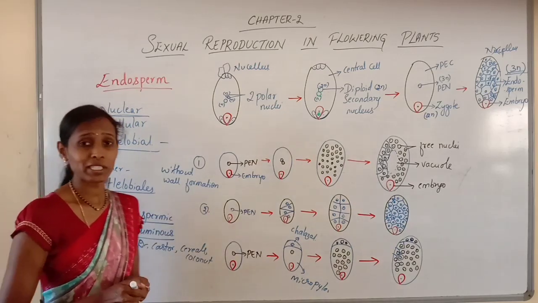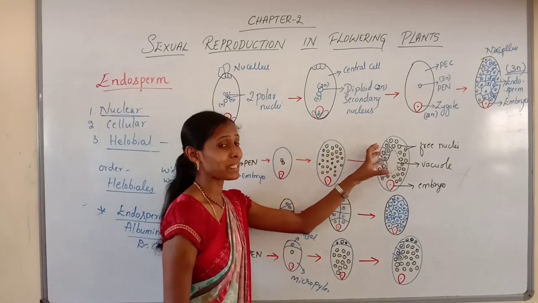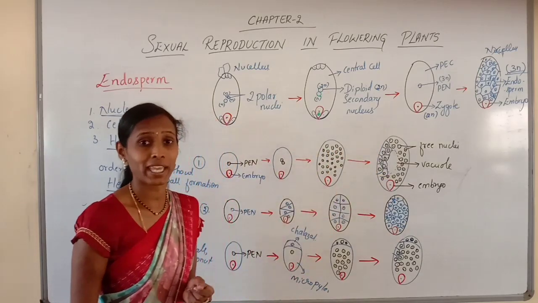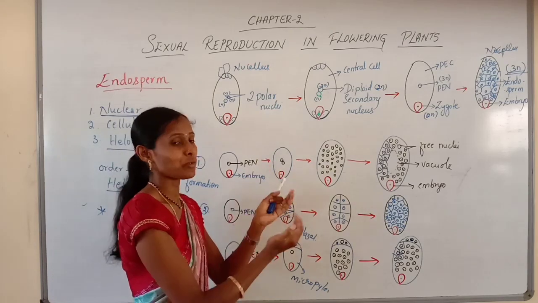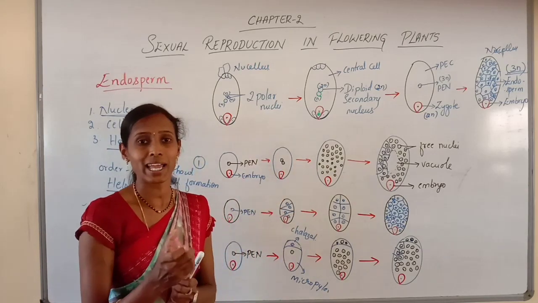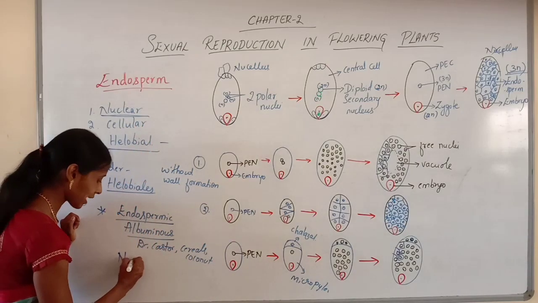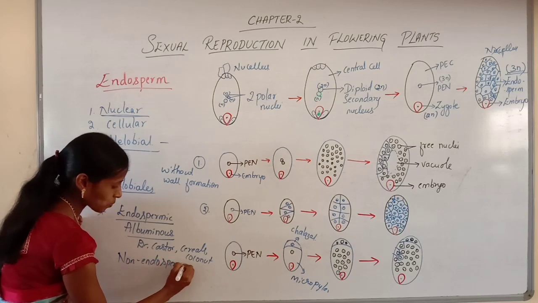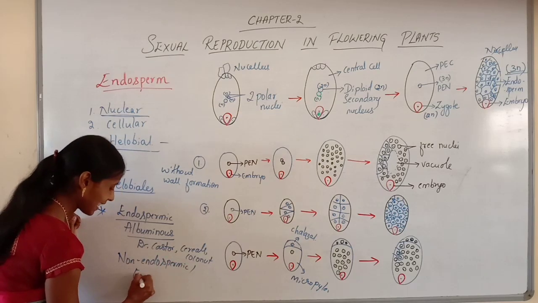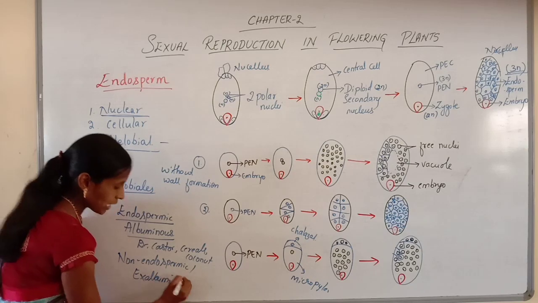In some other cases, the endosperm is completely utilized by the developing embryo before the seed formation only. Such seeds are called non-endospermic, also called ex-albuminous seeds.